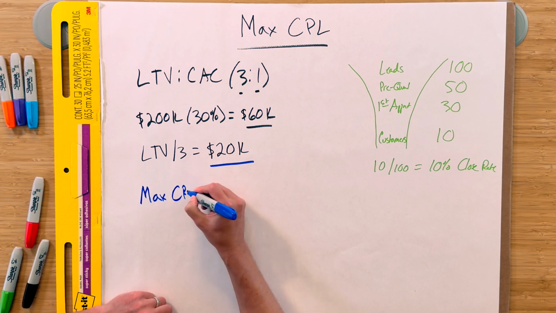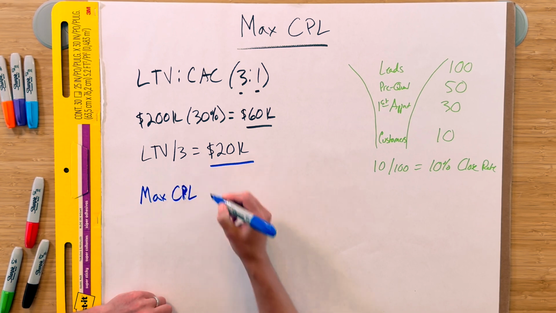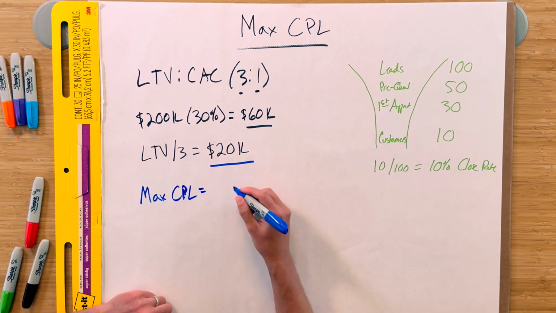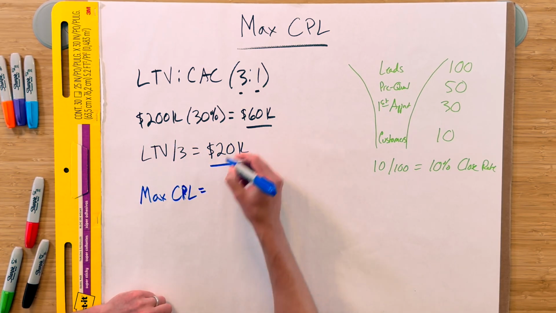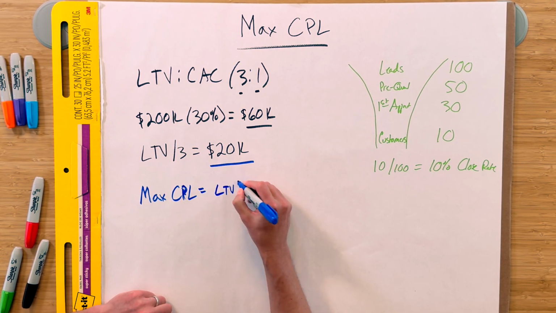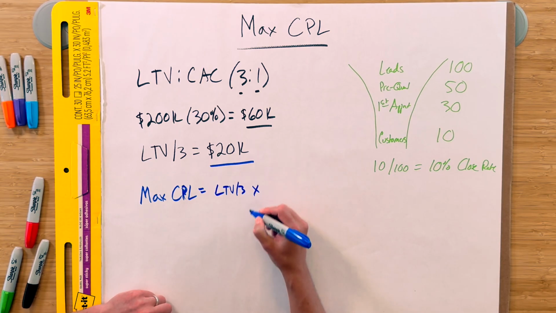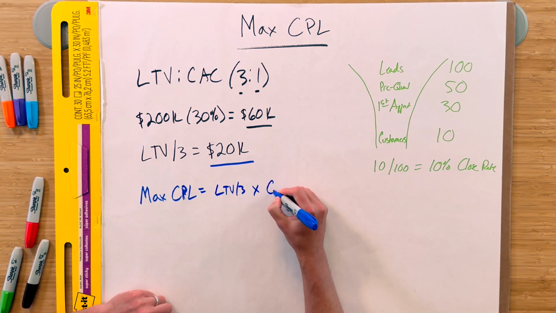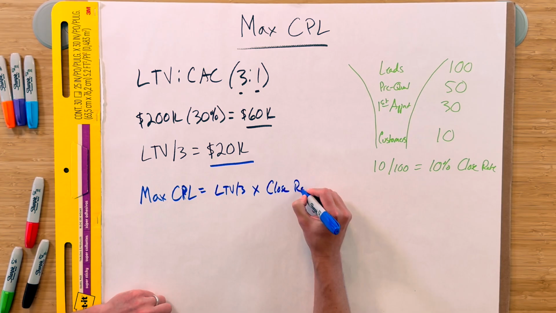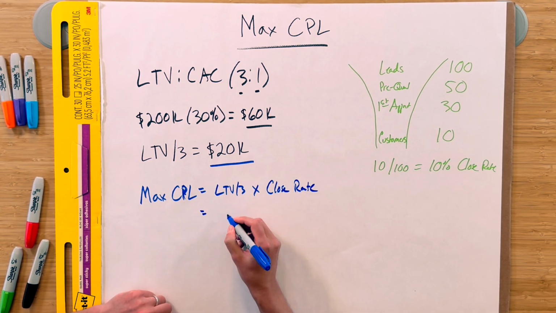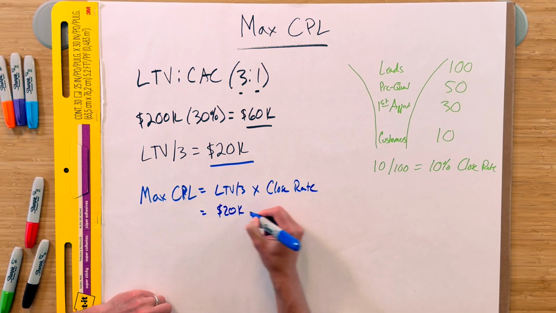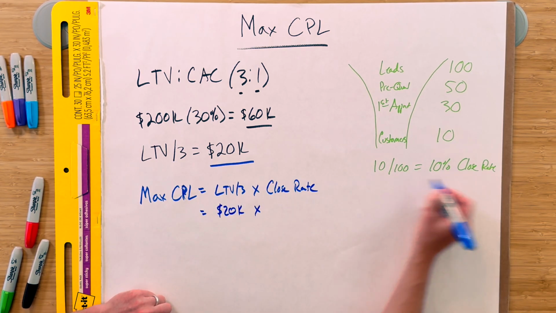Max cost per lead equals LTV divided by 3 times close rate. And so the way that works out is we already did this part, LTV divided by 3, and that was $20,000. And we're going to multiply that by 10%.